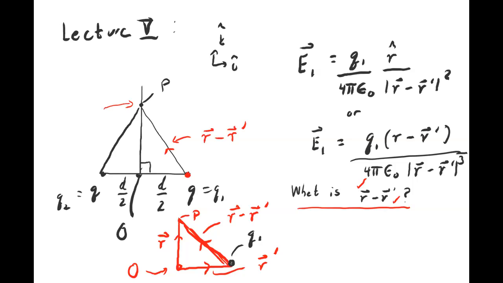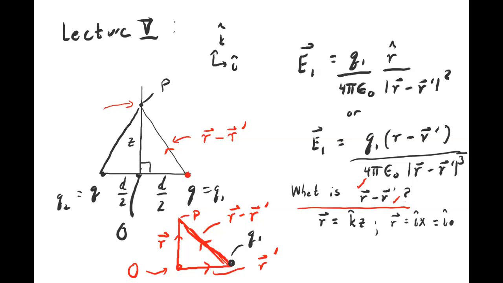So you can write all this out. We can do that here. Clearly, r is a vector that goes in the positive z direction and has magnitude z. R prime is a vector that has magnitude x, and it points in the positive x direction.